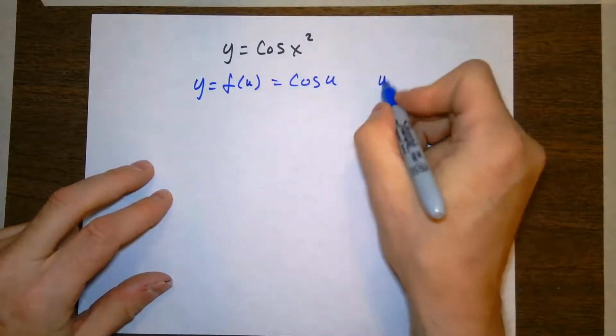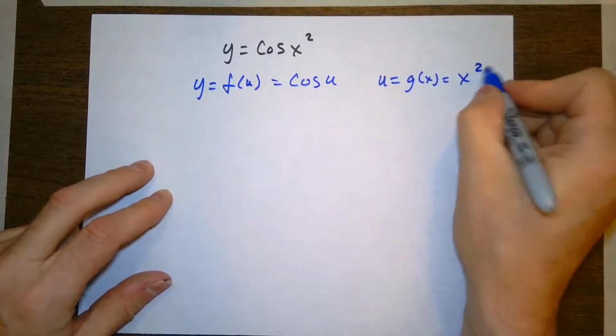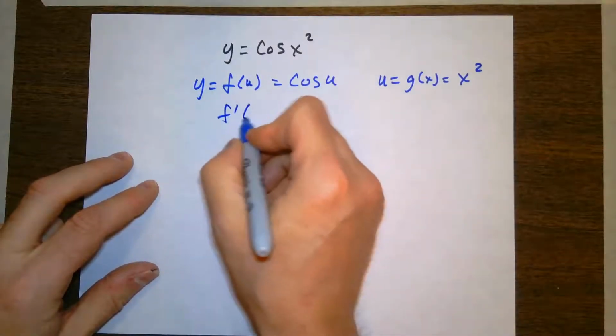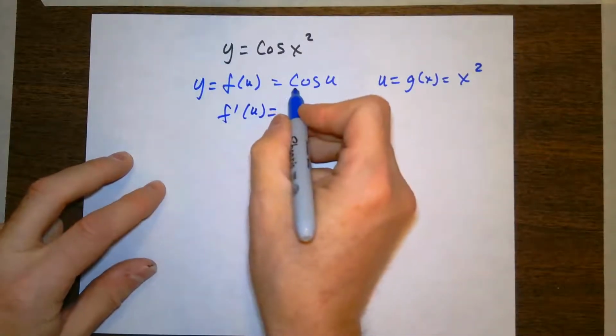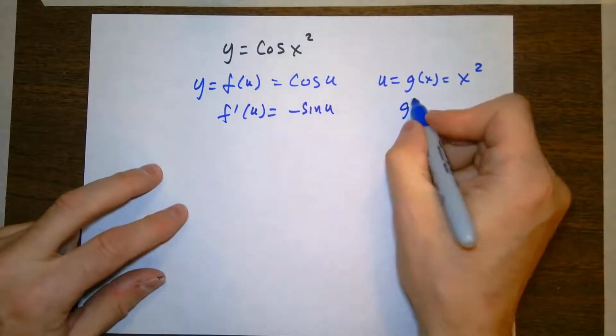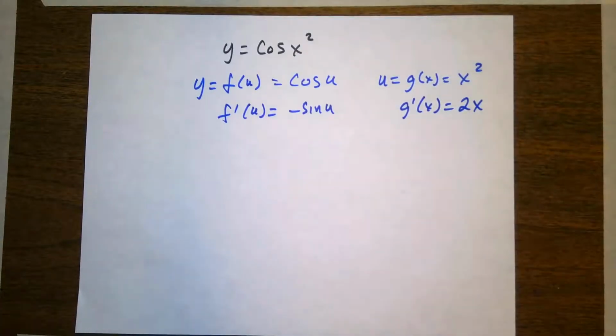My inside function u, g of x, is going to be x squared. So the derivative of the outside function, the derivative of cosine, is negative sine, and the derivative of the inside function is 2x.